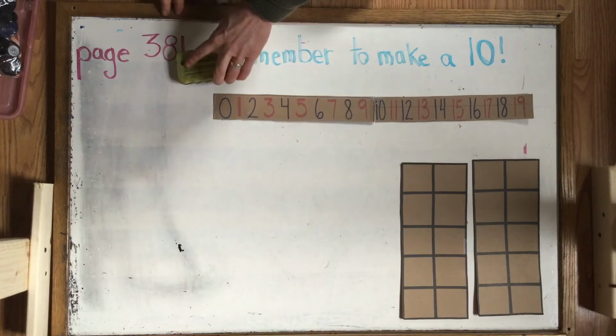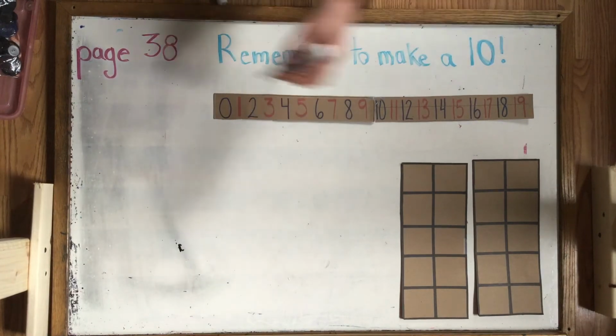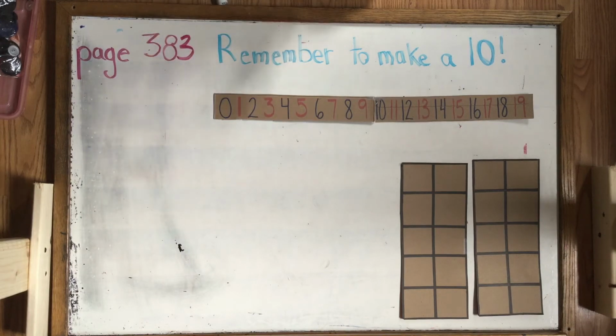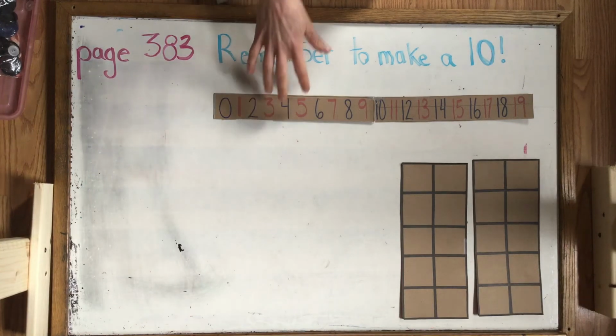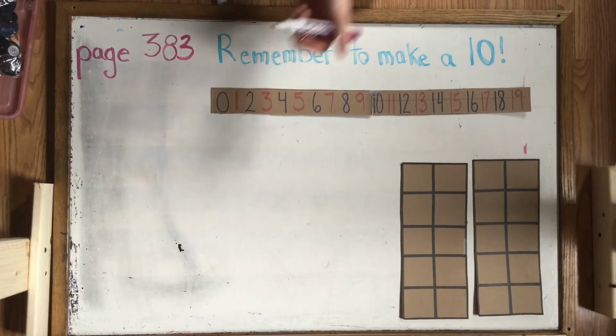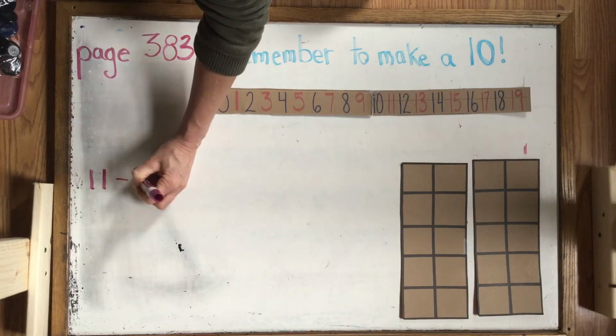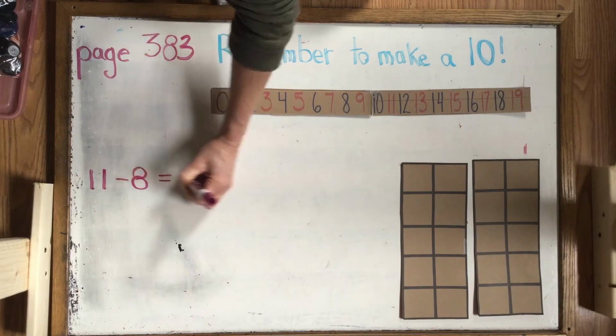I am now on page 383, and I am going to read problem number 2. Boom says that 11 minus 8 equals 2. What did Boom do wrong? So, let me write this down. Boom says 11 minus 8 equals 2.